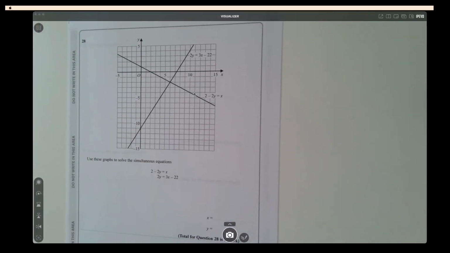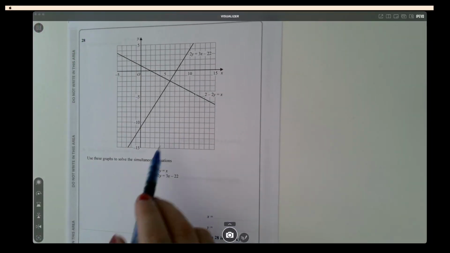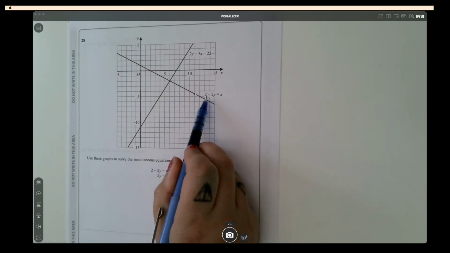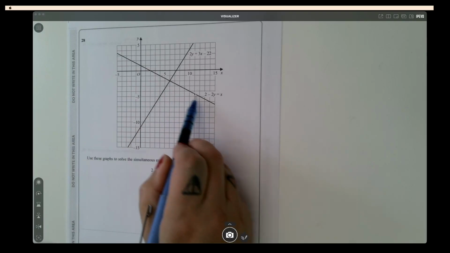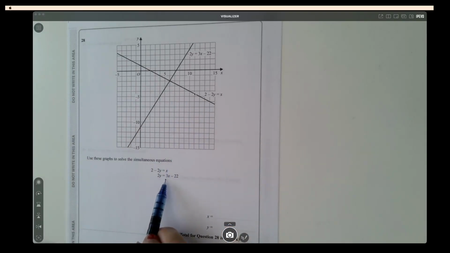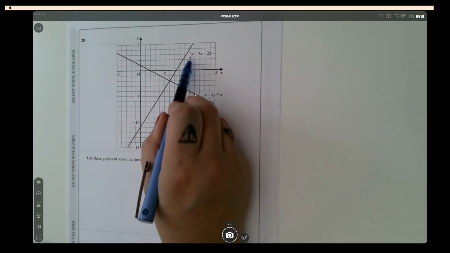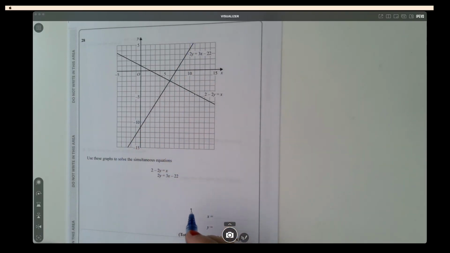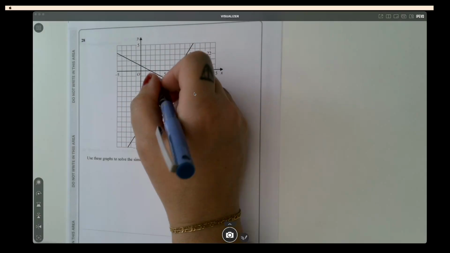Question 28. We've been given 2 linear graphs drawn for us. Use these graphs to solve the simultaneous equations. 2 subtract 2y equals x. That's this equation here in this straight line. 2y equals 3x subtract 22, which is this equation here in this straight line. So to solve them, we need to find where the 2 lines intersect.